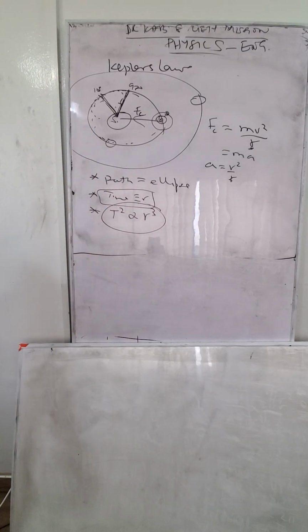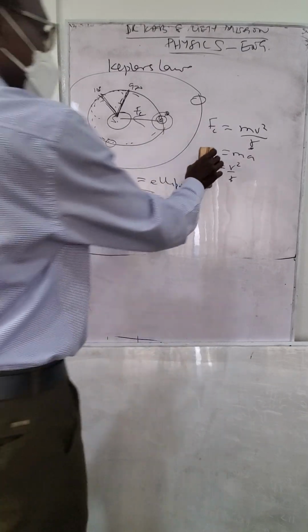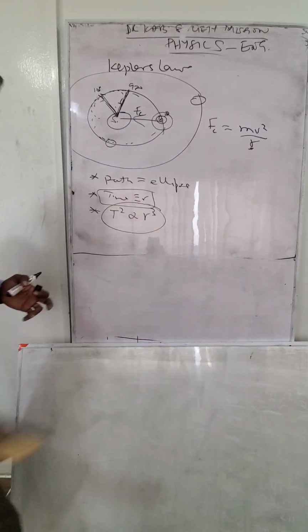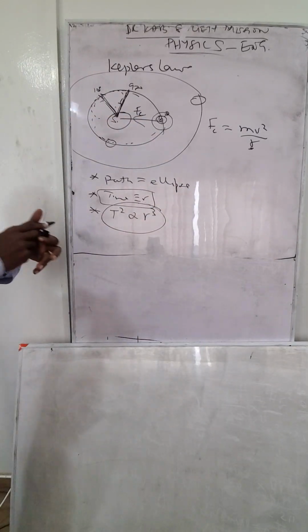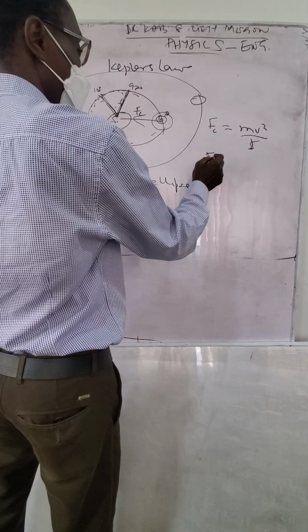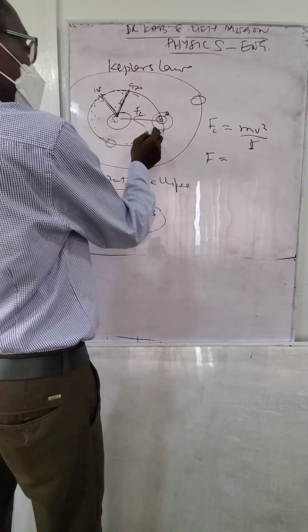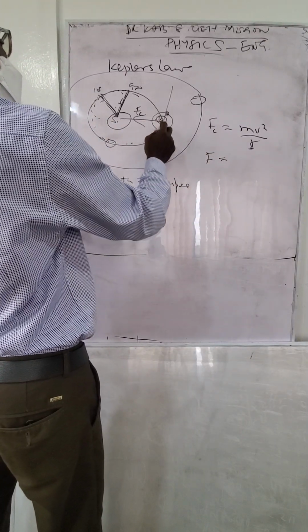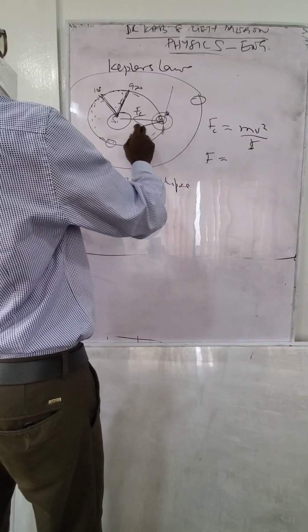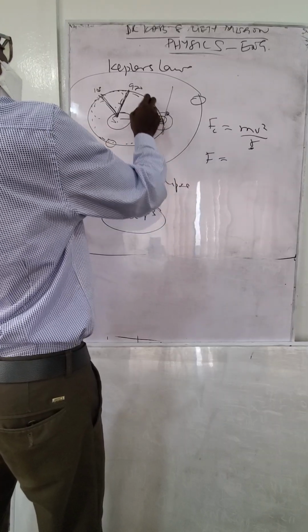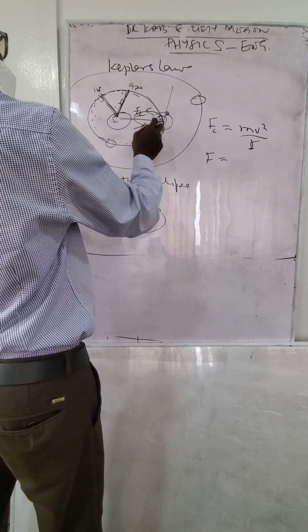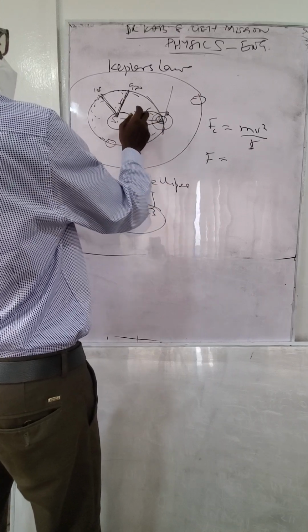We can write this in terms of angular velocity. When the body is going like that, we have the tangential force directed this way, and then you have this one, which is always directed towards the center, and that is the centripetal force.